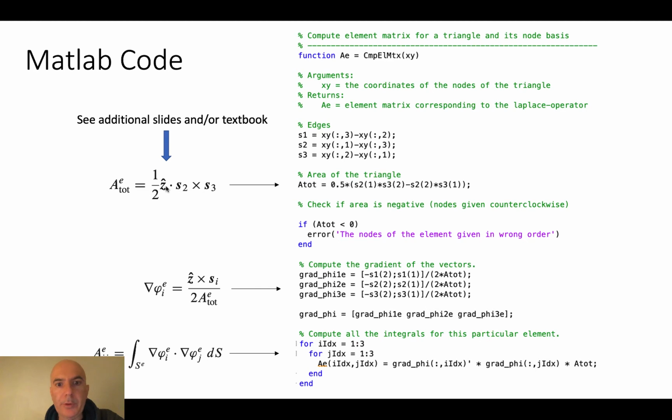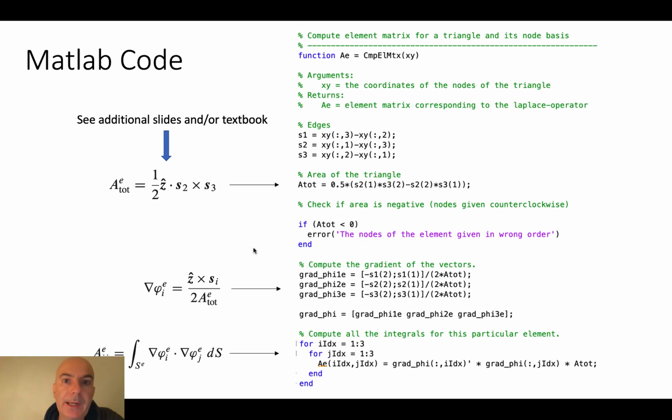So this is a formula that is given or can be derived, and is going to provide for us the total area of the element, and then from the total area of the element we can calculate this quantity that is the gradient of the vectors, and still we can use geometrical considerations to calculate this. So once we know how to calculate this gradient here, we can calculate this term here.